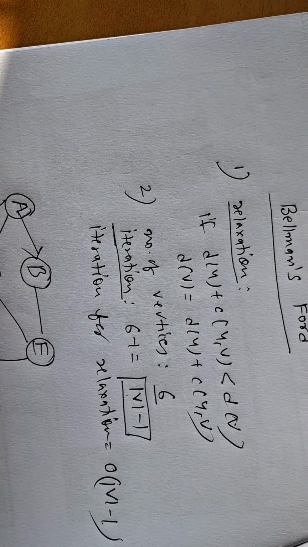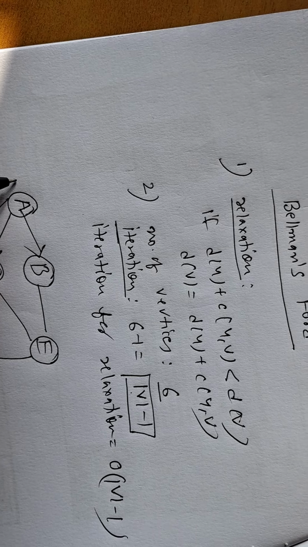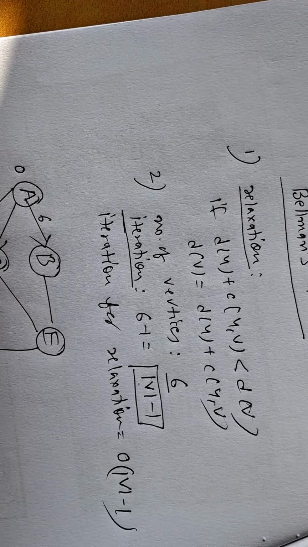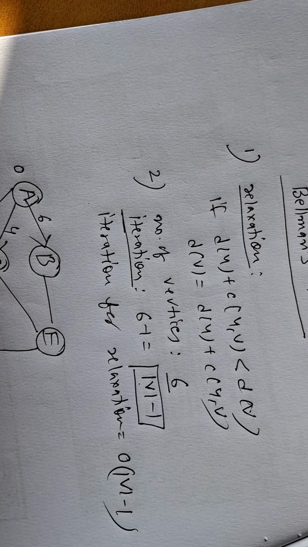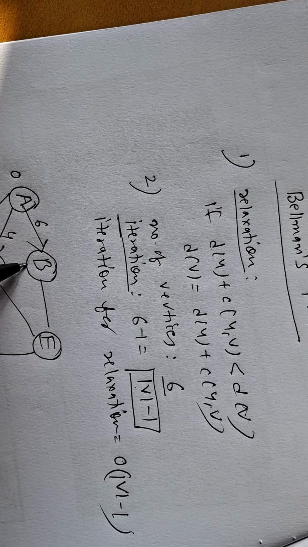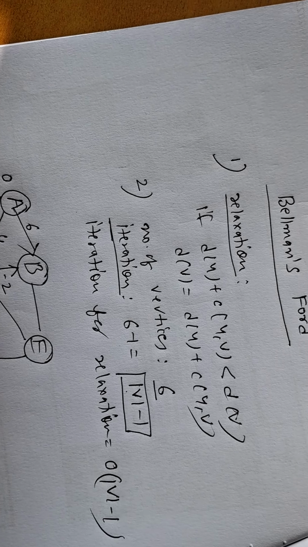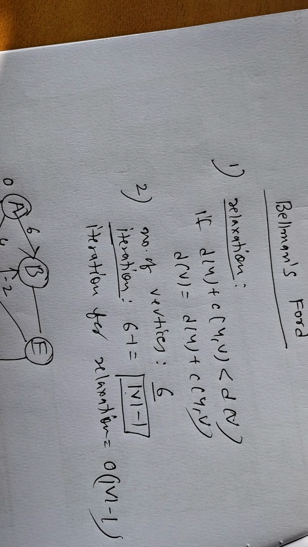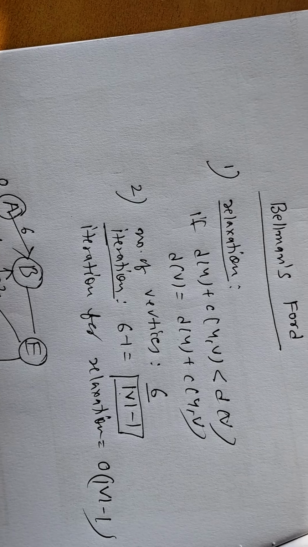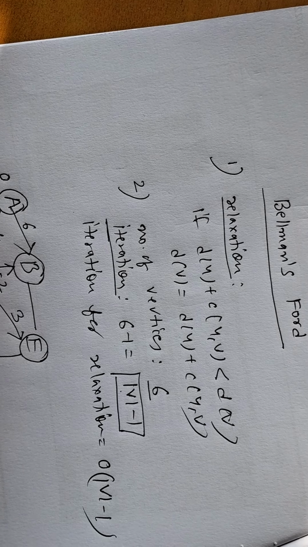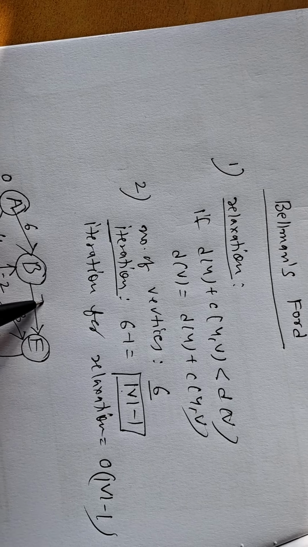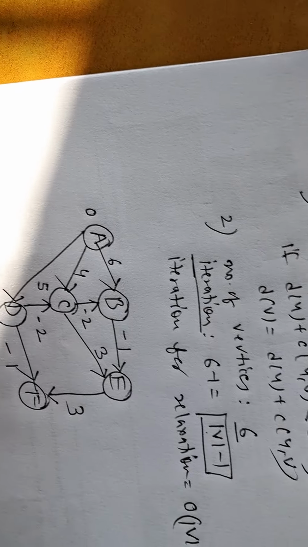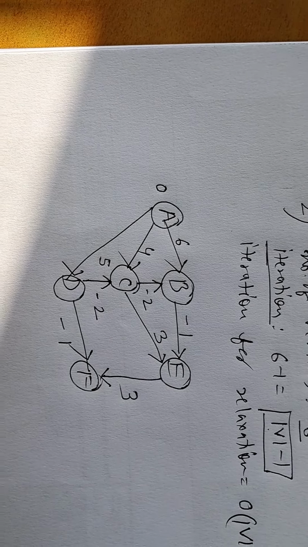So assume that this is a directed graph and source distance is always 0, and this cost of u to v is 6, and this is 4, and this is let's say 5, and B to C path is given as minus 2, and there is a path from D to C which is also minus 2. This D to F path is minus 1, and then C to E path is 3, and B to F path is given as minus 1, and E to F path is given as 3.